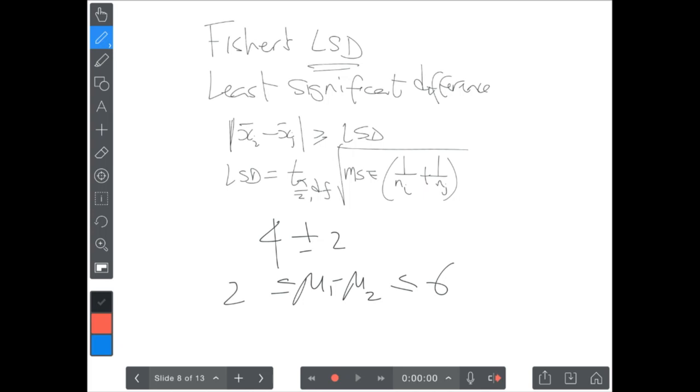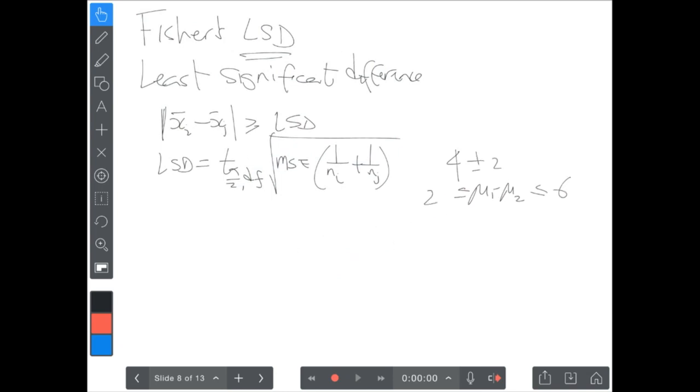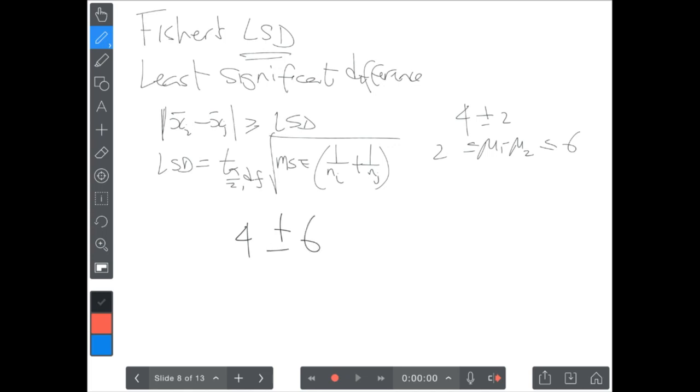If I made it 4 plus or minus 6, then I will end up with a negative difference, and that negative difference means that the difference between the two means can possibly be 0.